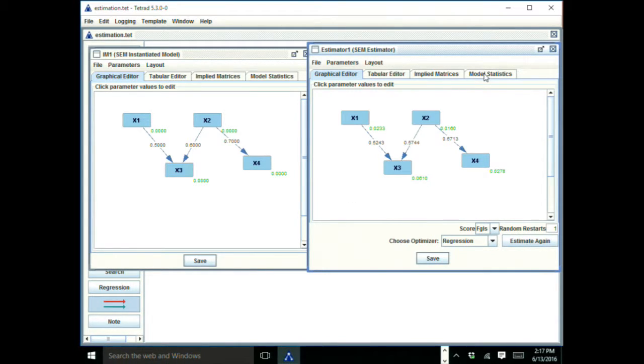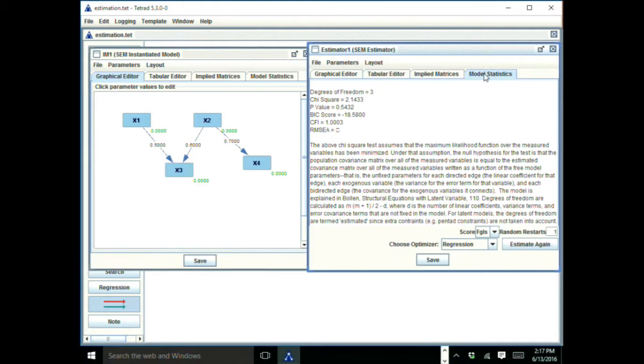So on the tab on the estimator is a thing called model statistics. And if I click on it, I get all this information. I get the degrees of freedom equals 3. I get a chi-square of 2.1433. I get a p-value of 0.54, and I get a BIC score, a CFI, and RMSEA.